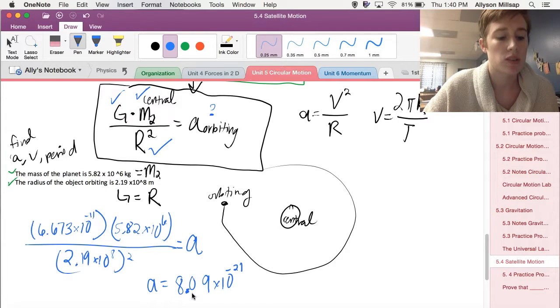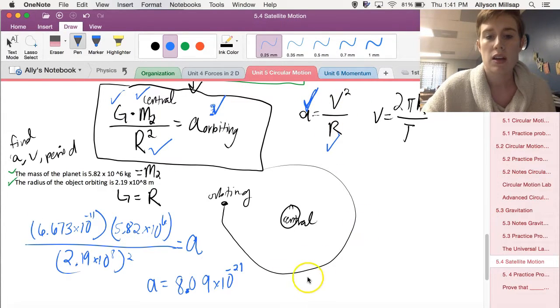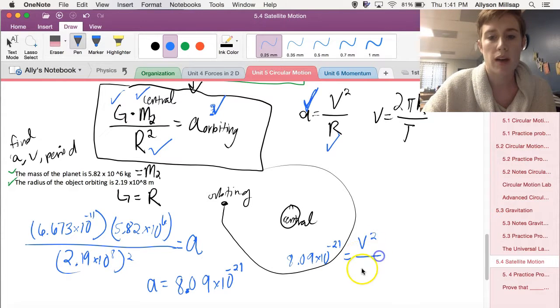Making sure I did this right, sorry. Okay, so now I found my acceleration. Now that I have acceleration over here, what can I find? Well, I have radius, so I could find my velocity. So our acceleration is 8.09 times 10 to the negative 21 equals v squared, which we don't have, over r, which we do have. R is 2.19 times 10 to the 8th. So how do I get v squared by itself?